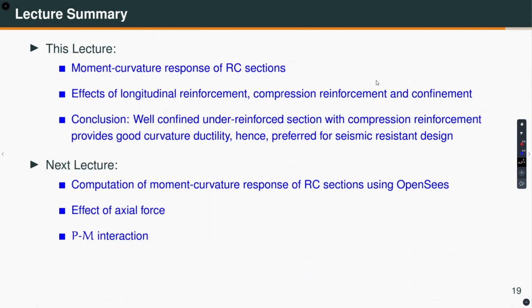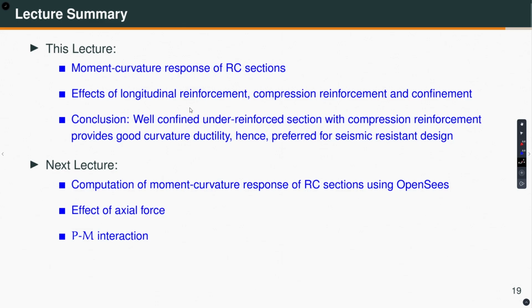So, let me now summarize what we have studied in this lecture. We looked at the moment curvature response of reinforced concrete cross sections, some idealized behavior where you can capture the cracking moment also, but often we neglect the tensile strength of concrete. If we do so, as you will see in the next lecture, then you will not see that M_cr in the moment curvature response.